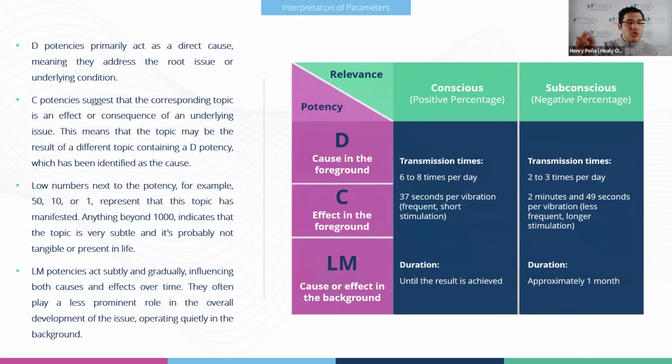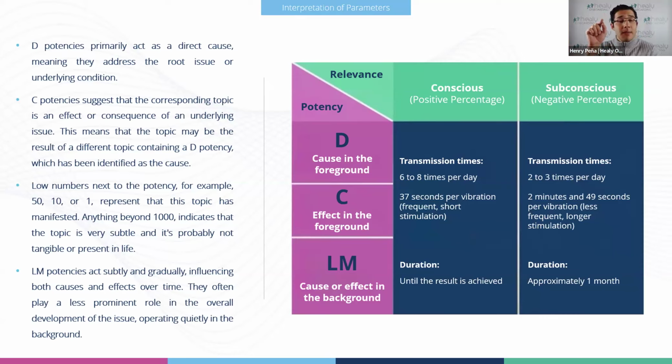So you also need to pay attention to that. Regardless of whether you get a D, C or LM, if it has a really super high number, or it's a weird number, like a Roman numeral or exponentials, if you see an E, if it's not a very basic number like 5, 4, 7, 10, 20, then chances are it may be something that is not very tangible. Again, that doesn't mean you have to discard it, because once we start doing everything, you're going to see a lot of it has to do with intuition.